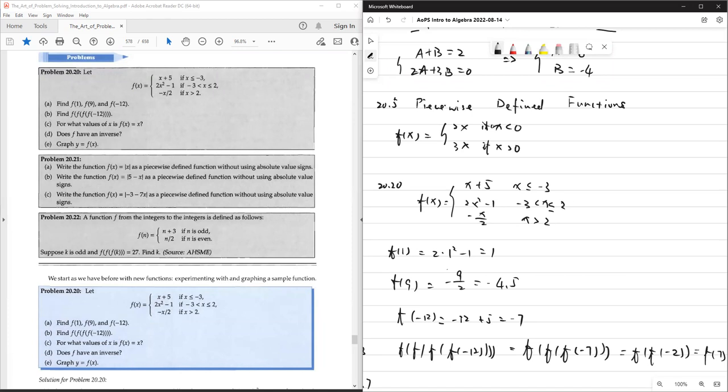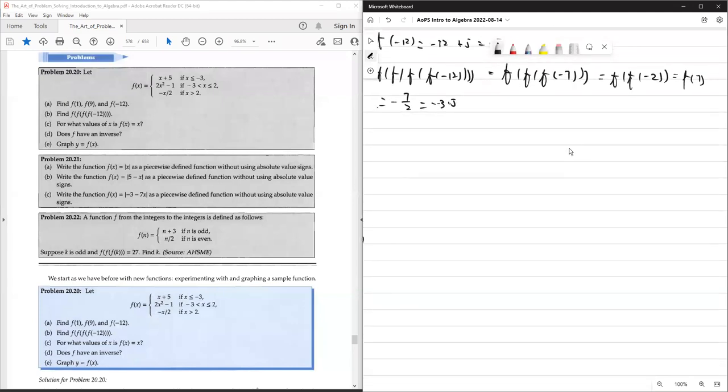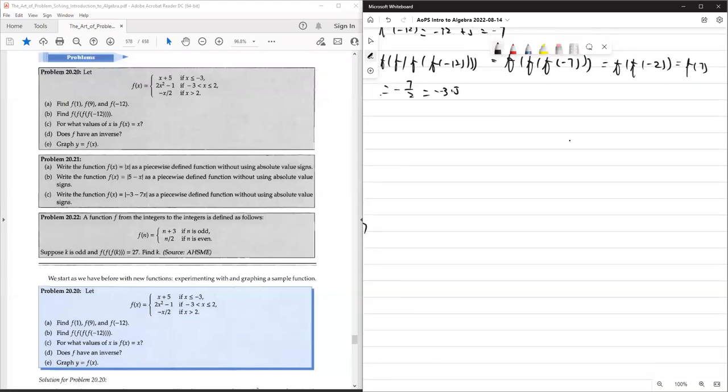Okay, f of 7 is equal to negative 7 over 2, so negative 3.5. So when you see nesting, don't be afraid. It looks really ugly, terrible, but just take one layer at a time.